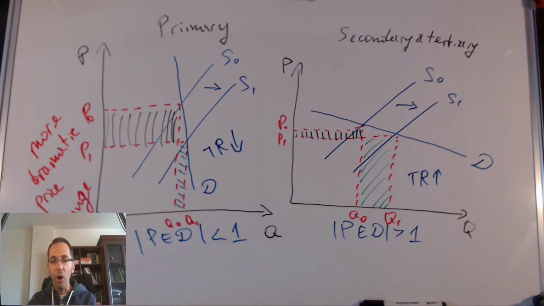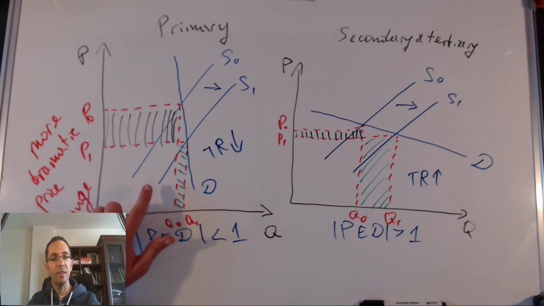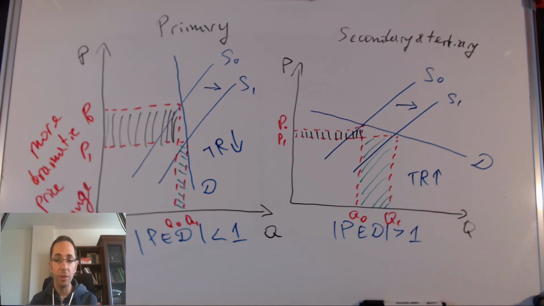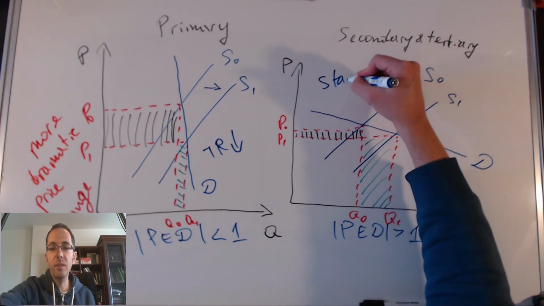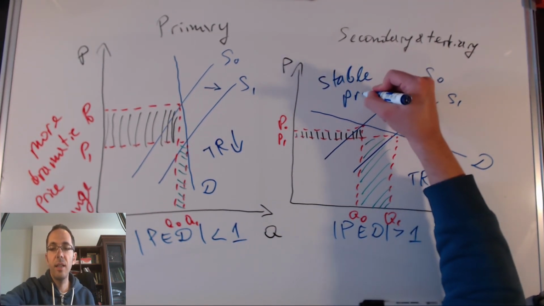So now, if we compare the two situations, we see that primary commodities tend to have volatile prices because the prices are changing quite often. We see that the equivalent change in the supply leads to a bigger change in the price when compared to secondary and tertiary products. So these have stable prices, and stable prices, guys, means less risk.